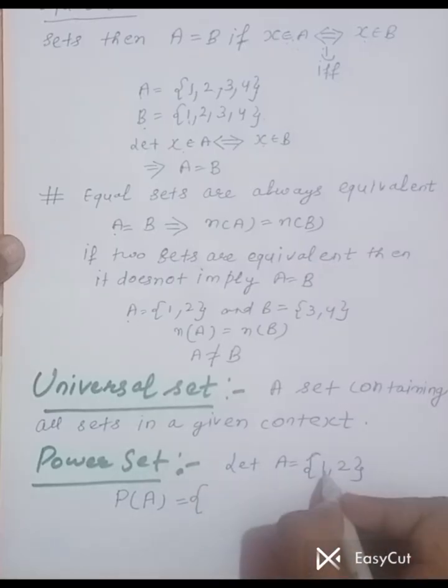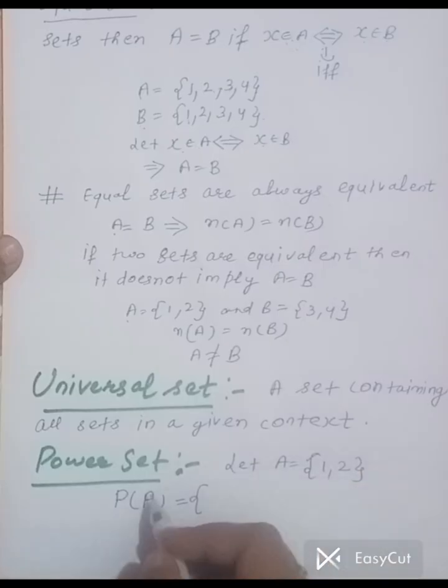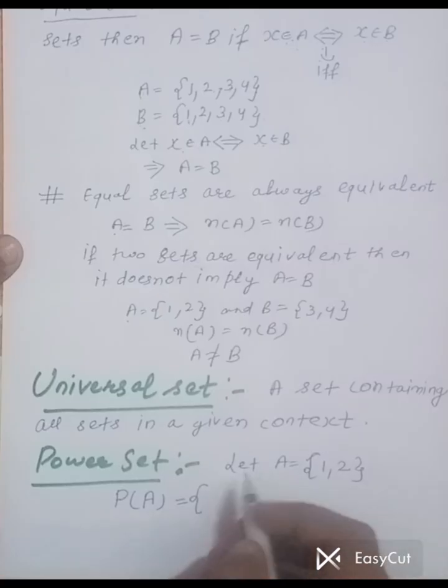So what will be the subsets? In the very next part I will define subsets, but here, for example, I will define. Subsets are all the sets in which the elements belong to A. So here, what will be the subsets of A?